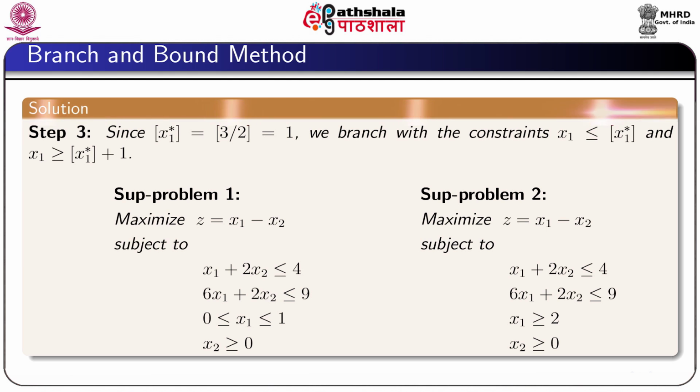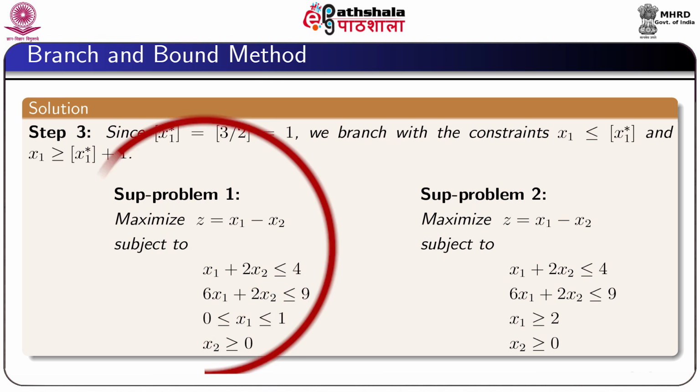Now, since the greatest integer contained in x1 star is 1, we branch with the constraints x1 is less than equal to the greatest integer contained in x1 star and x1 is greater than equal to the greatest integer contained in x1 star plus 1. The slide shows 2 subproblems.